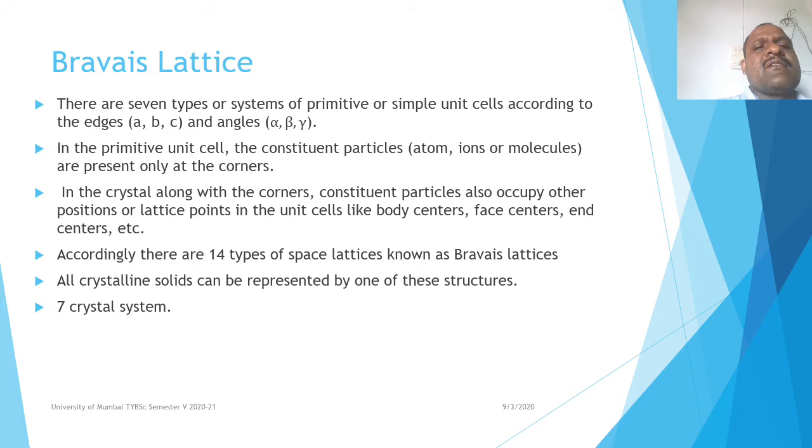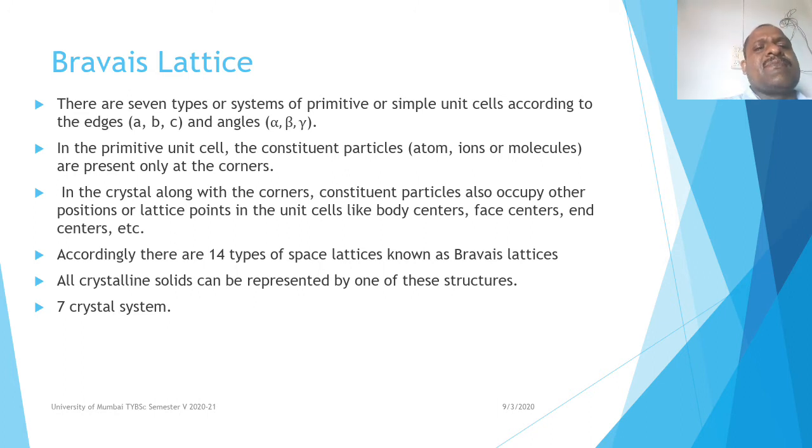But in the 14 Bravais lattices, the systems are categorized into different types, like simple cubic system or simple, then body center type of system, then face center type of system, and the last one is the end center type of system.